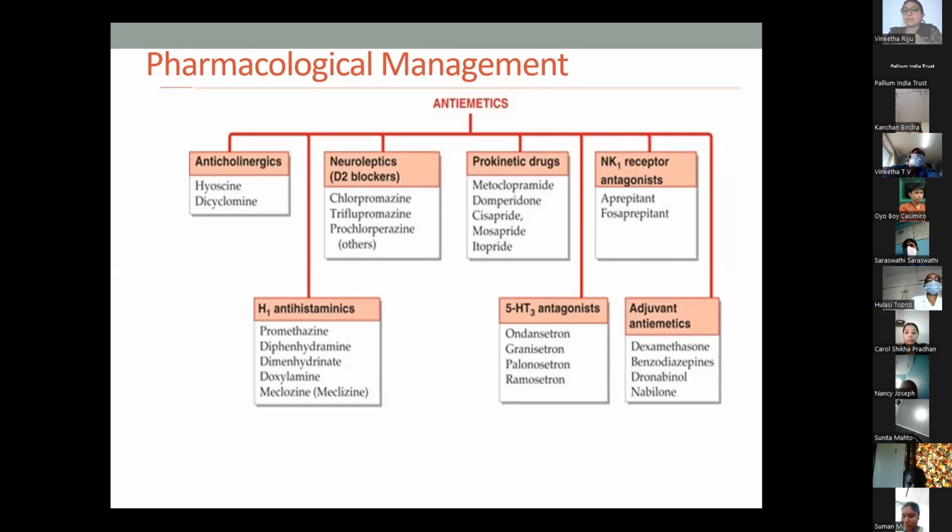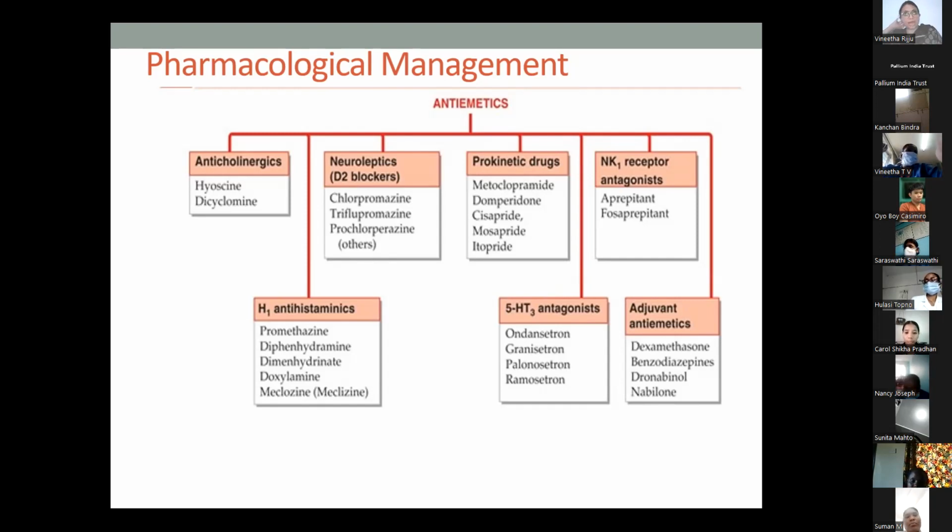Aprepitant, the NK1 receptor antagonist, is specifically for anticipatory vomiting. You usually prescribe aprepitant for such patients. Then most commonly, the 5-HT3 antagonists: ondansetron, granisetron, palonosetron. All this group of drugs are centrally acting.